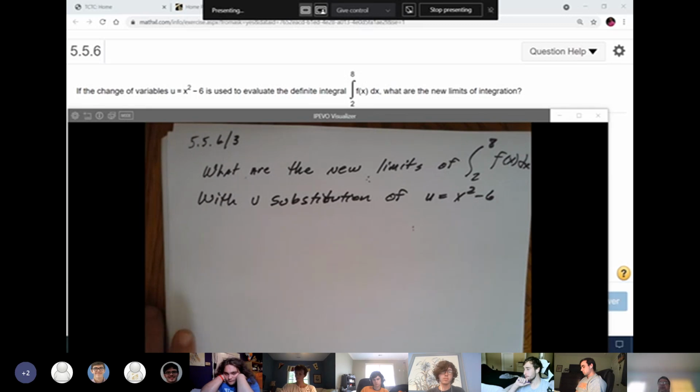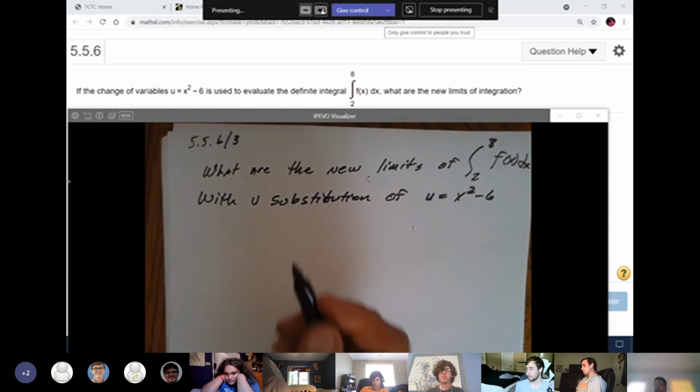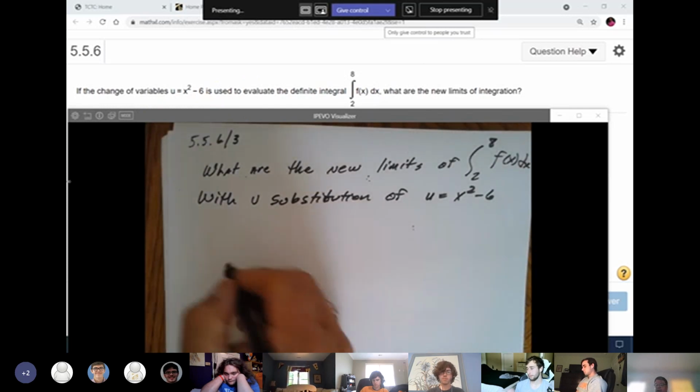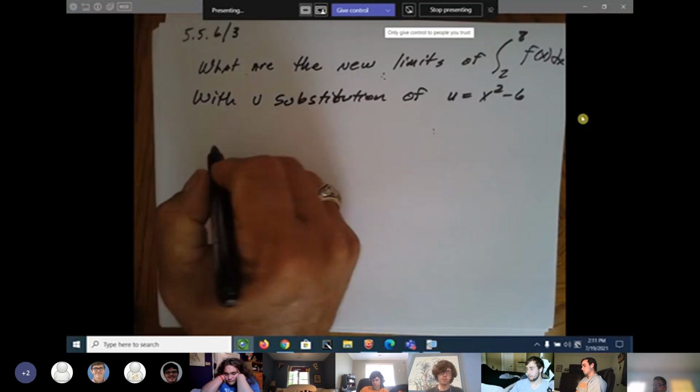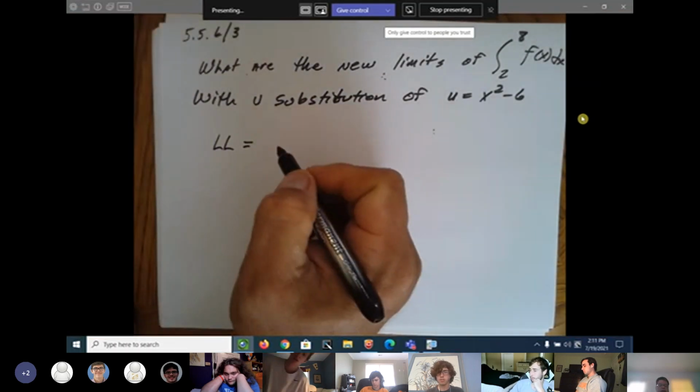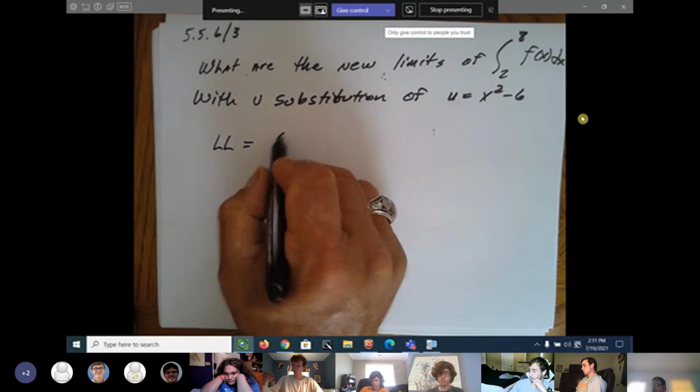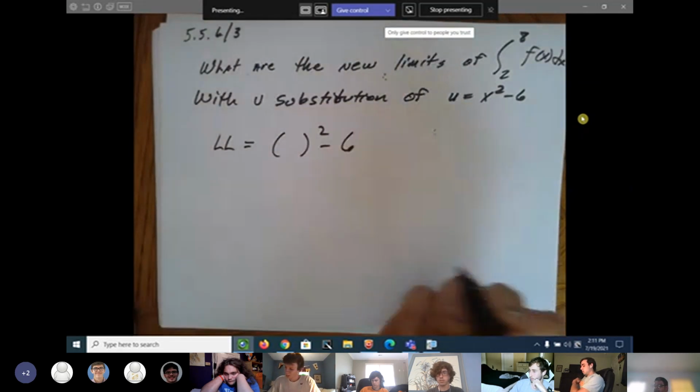So what you need to do is make a note of this question and say, what are the u values of the integral from 2 to 8 of f of x dx when u is equal to x squared minus 6? So your lower limit is equal to parentheses squared minus 6.